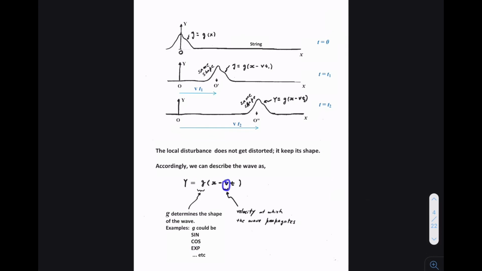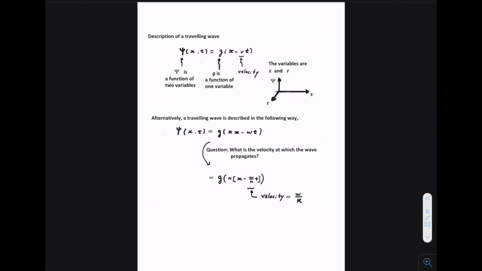And this v determines the velocity at which the wave is propagating. We can describe a traveling wave by using a wave function psi, where psi is a function of space and time. So we can write psi(x, t) as g of (x minus vt).